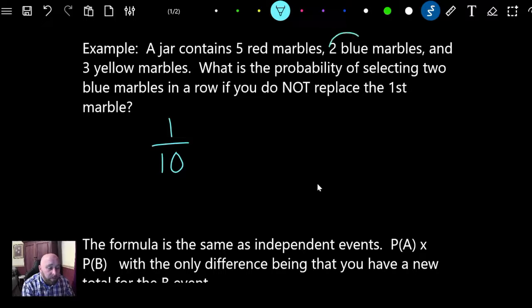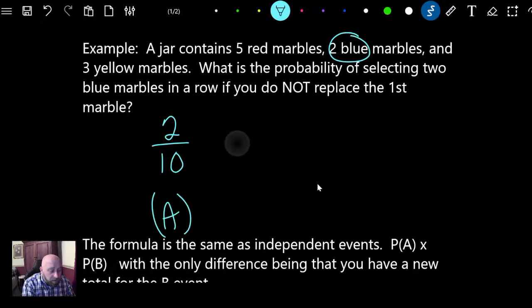No, hold on a second. There's 2 blue marbles, so we're going to have a 2 out of 10 chance, because there's 2 blue marbles in there. Now remember, we're taking the blue marble and we're leaving it outside. We're putting it on the desk. That is event A.